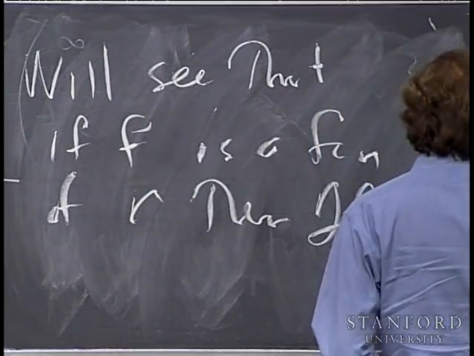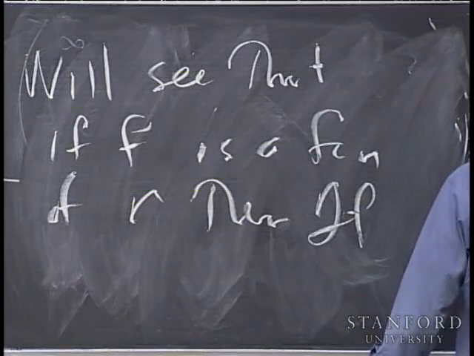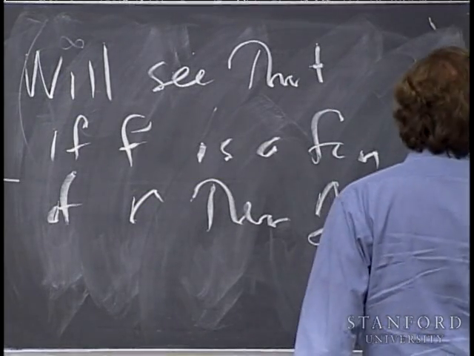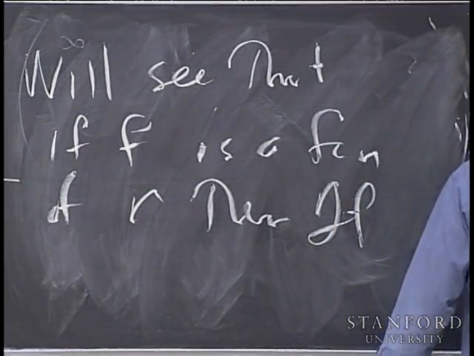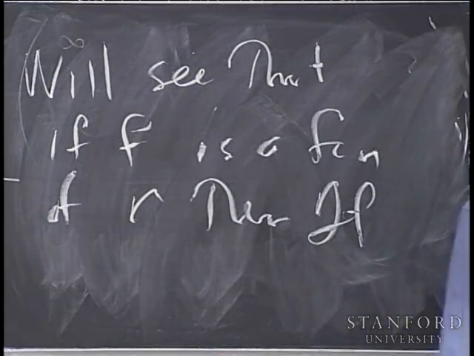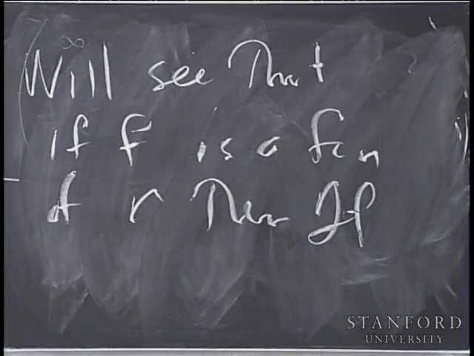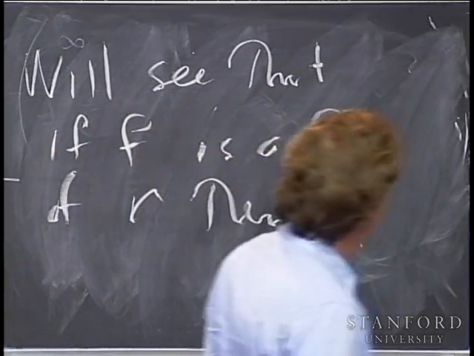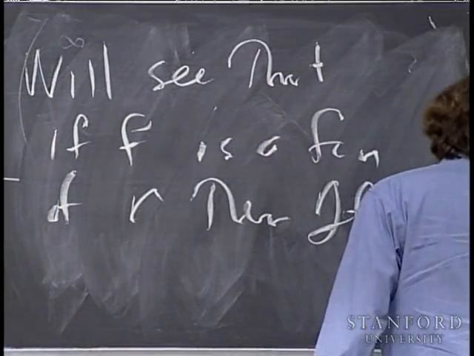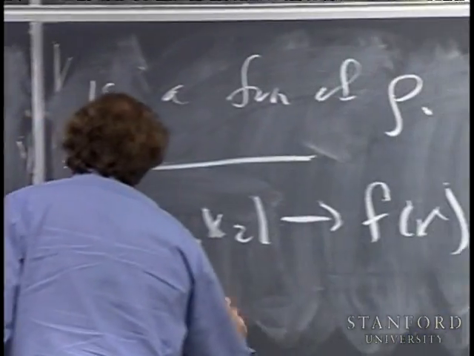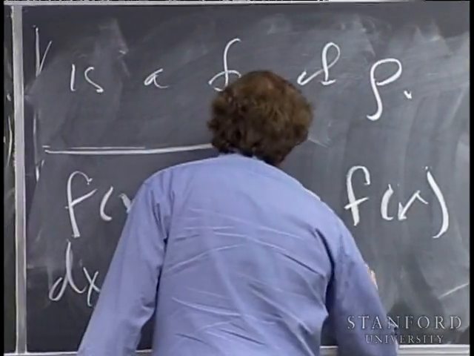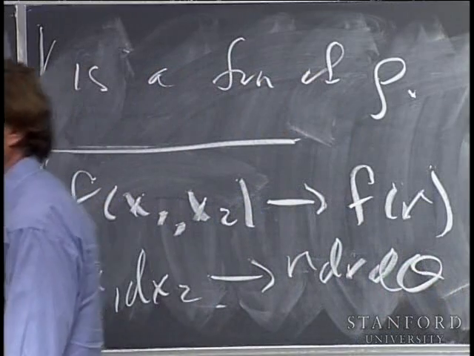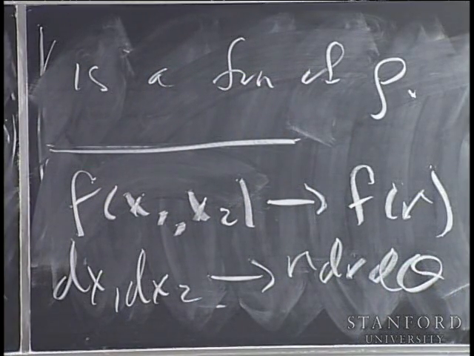Part of the conversion is easy. That is, f of x1, x2 gets converted into f of r. I'm assuming it's a radial function, so it's a function only of r, whatever the formula is. And I know what happens to the area element also. dx1 dx2, the area element, gets converted into r dr d theta. That's the area element in polar coordinates in the x1, x2 plane.